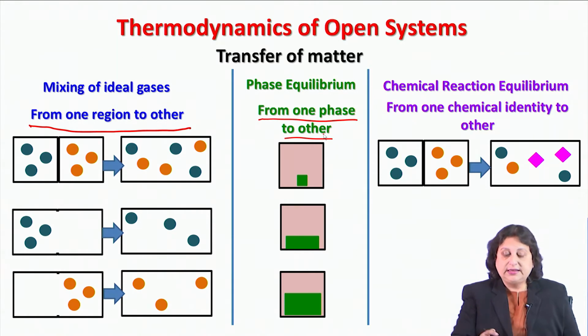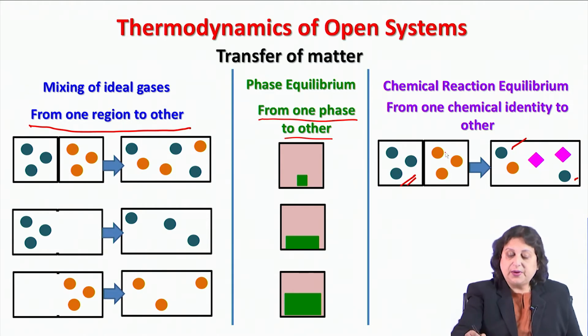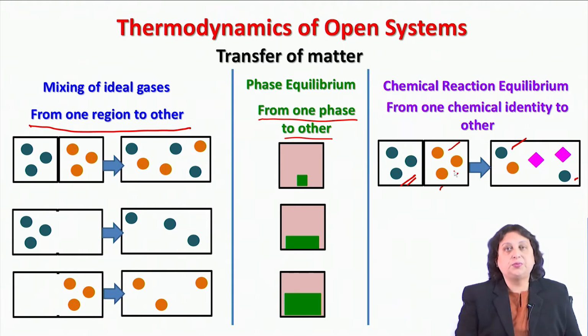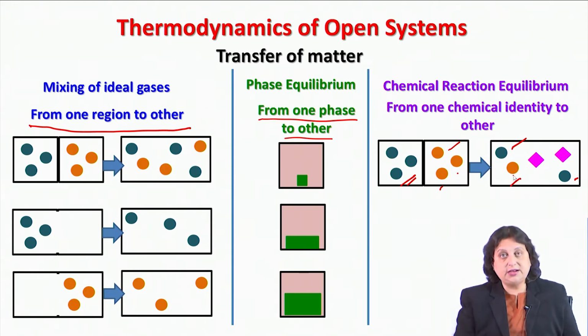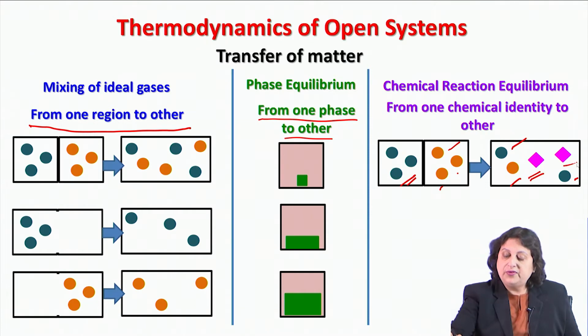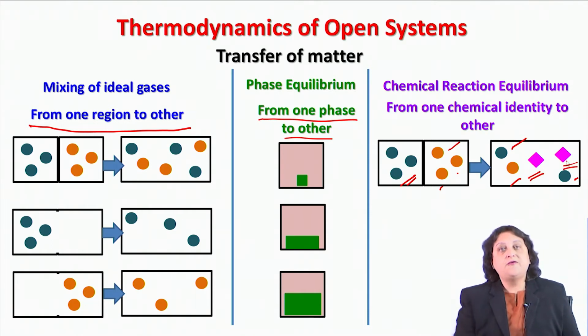Not only that, the green particles will spread out all throughout the box. The orange particles will also spread out all throughout the box. And in addition, because of a chemical reaction taking place between the green balls and the orange balls, new species will appear in the final equilibrium mixture.